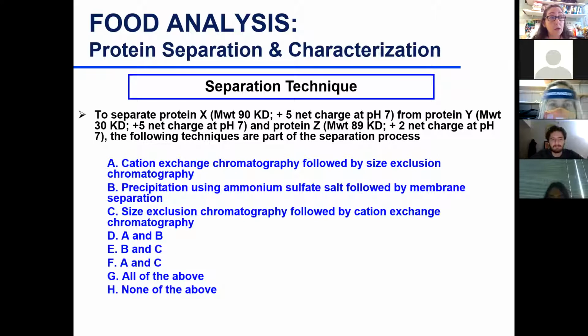This protein is mixed with protein Y that has a molecular weight of 30 kilodalton, but the same net charge of +5. And there is a protein Z that has the same or very similar molecular weight to protein X, but has a +2 net charge at pH 7. Which of the following techniques would you go with to separate protein X from Y and Z?